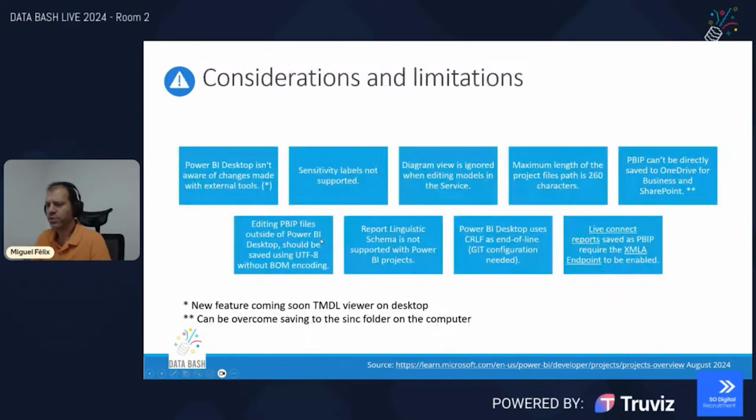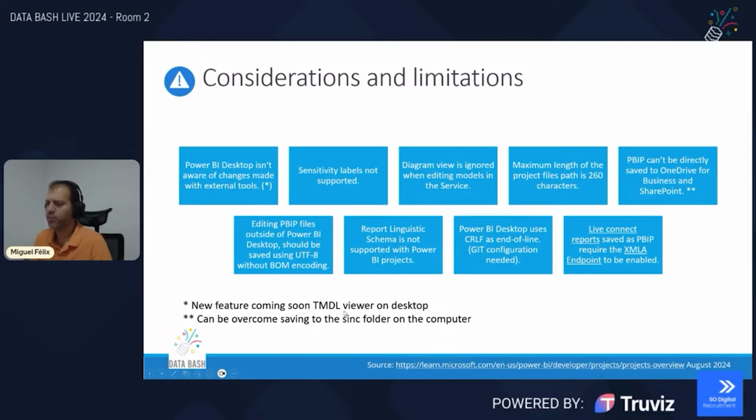So some considerations. Power BI Desktop isn't aware of these changes made with external tools. This means that every time we edit our files using Notepad, for example, we need to reopen Power BI Desktop so that we can see the changes we made. But it was announced in Stockholm a few weeks ago that it will become a TMDL viewer on the desktop.